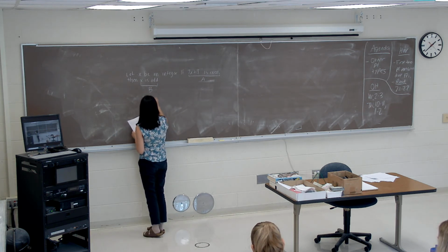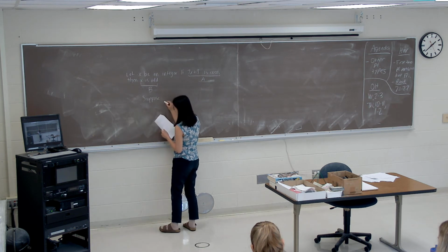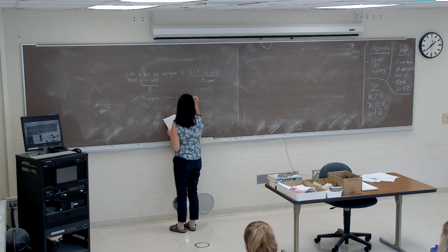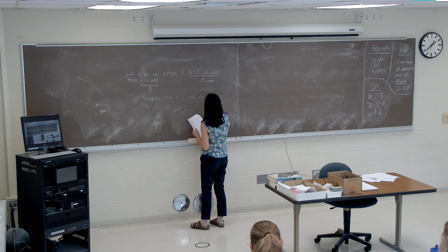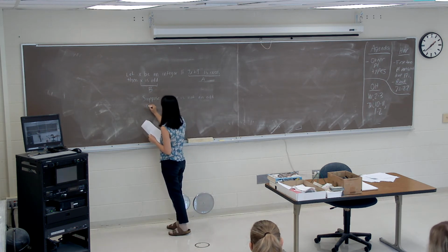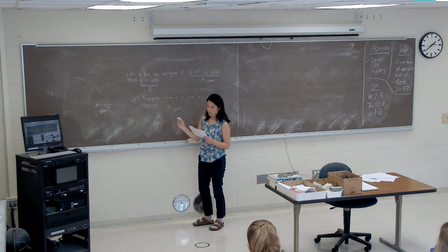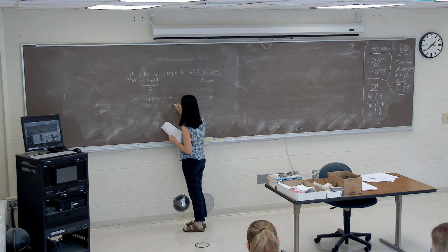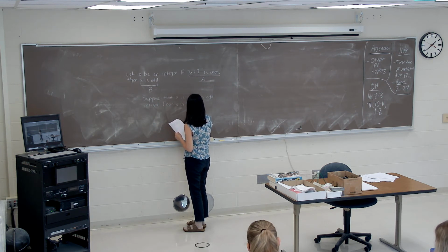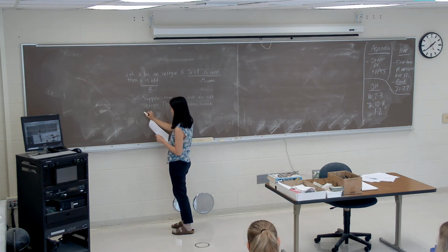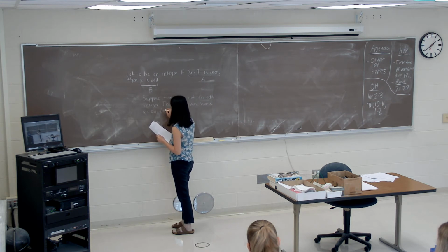Suppose that x is not an odd integer. Then x is even, and it can be written in the form x equals 2n for some integer n.